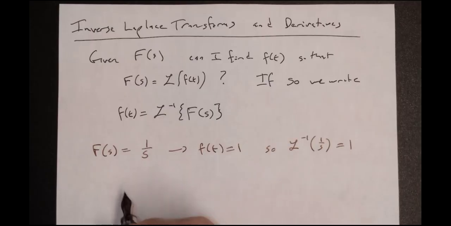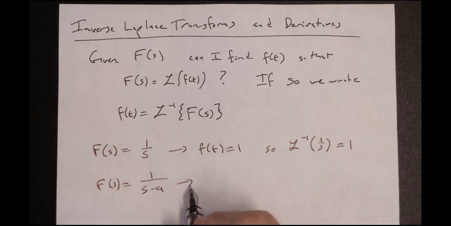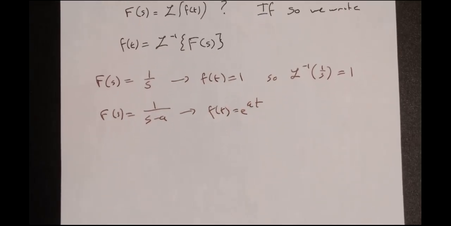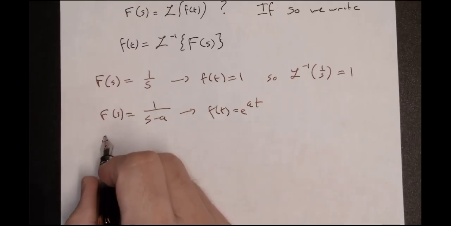I also remember that, when I had e to the at, I got 1 over s minus a. I have sine and cosine. And all of these same ideas, I even had powers, right?